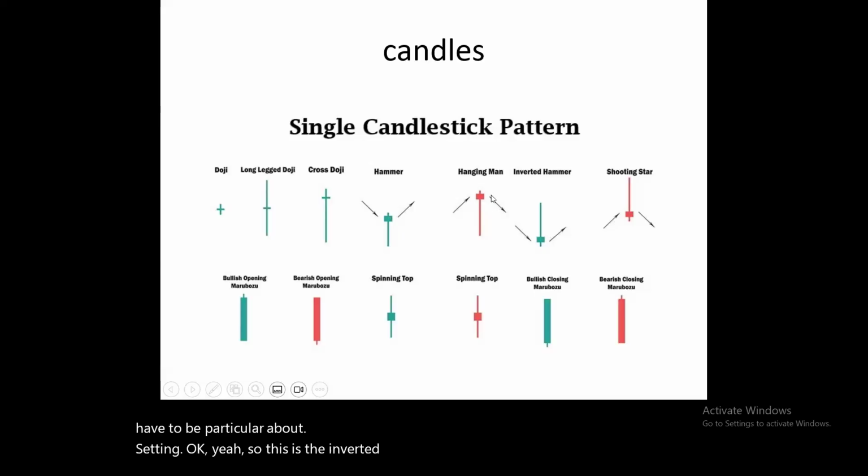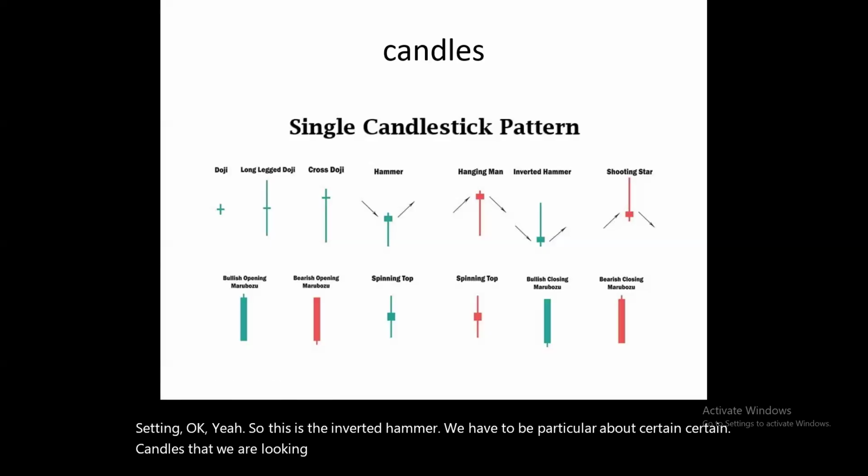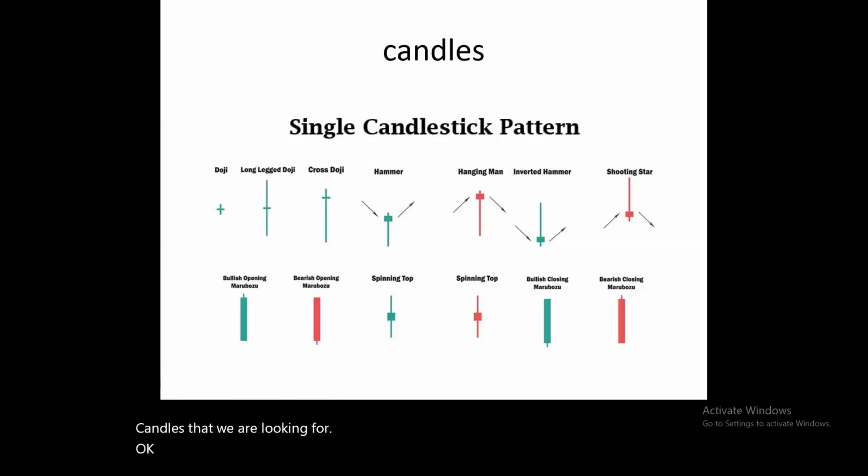But like I said, we have to be particular about certain candles that we are looking for. There is the spinning top, this is also a spinning top, bullish closing, bearish closing.